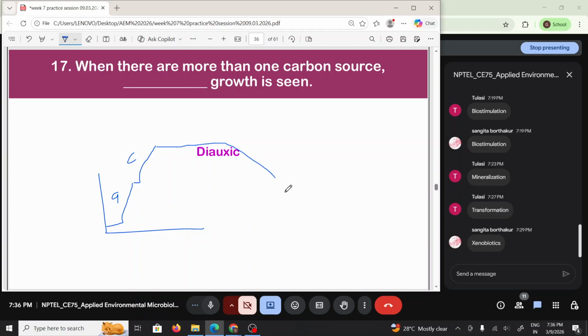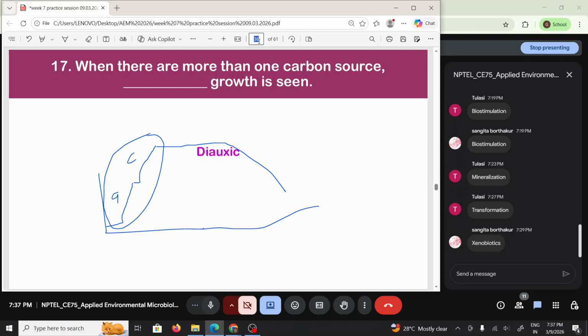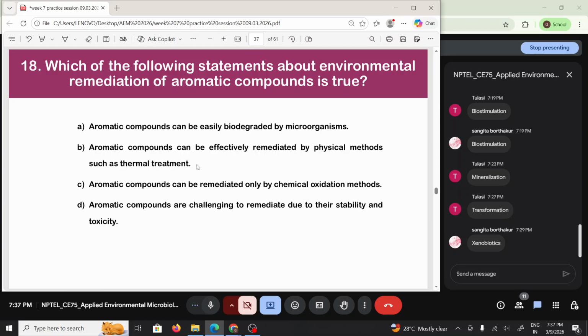This is how your typical growth curve looks for diauxic growth. When you find this pattern you call it diauxic growth. Okay, so which of the following statements about environmental remediation of aromatic compounds is true?